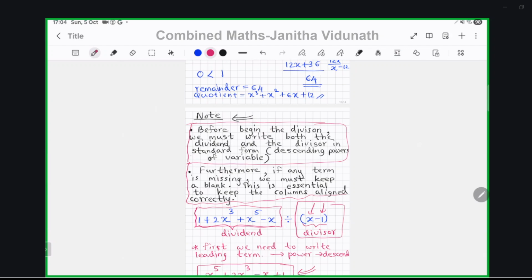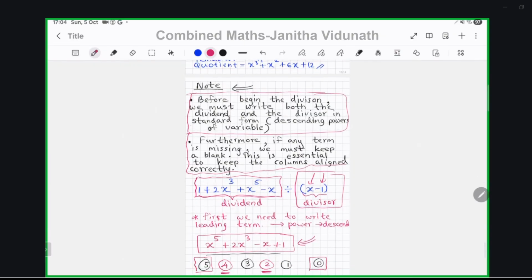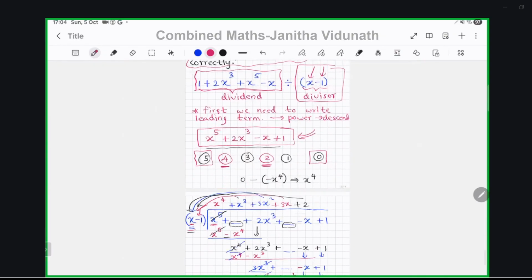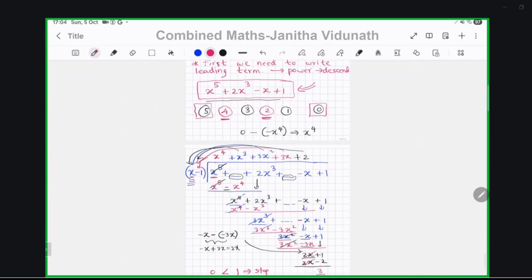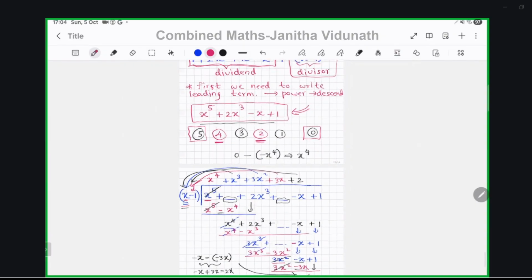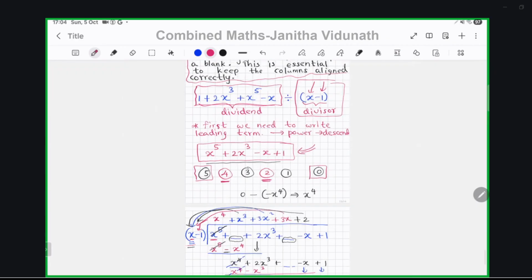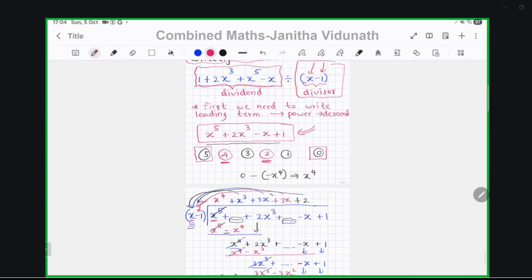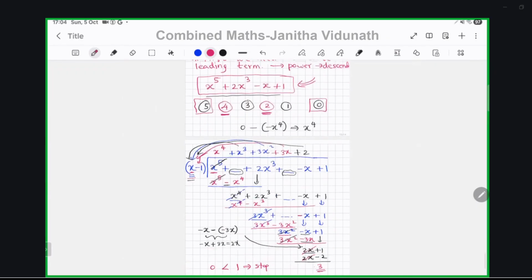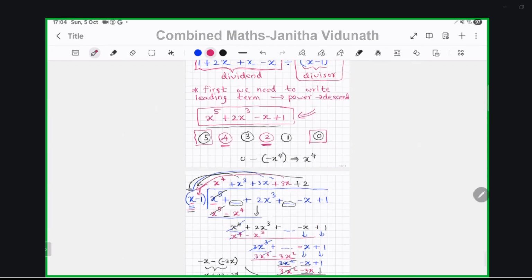If any term is missing between the leading term and the constant, we need to keep blanks for them, because then it is easier to divide those polynomials and our columns are correctly aligned. Okay, write down those things. I will scroll down after 1 minute.